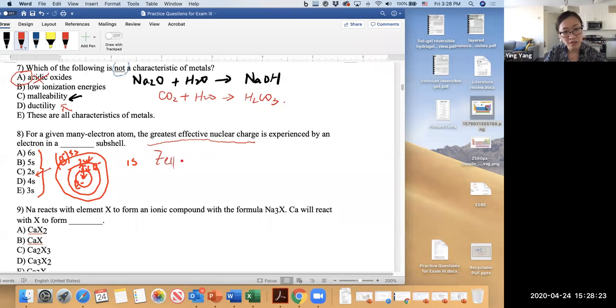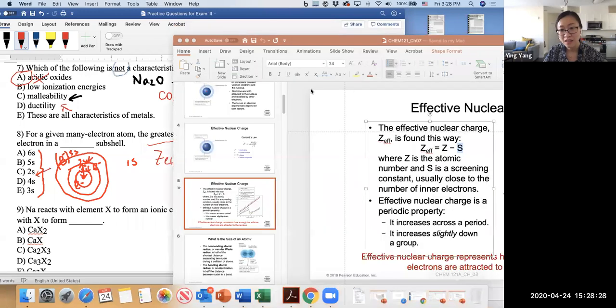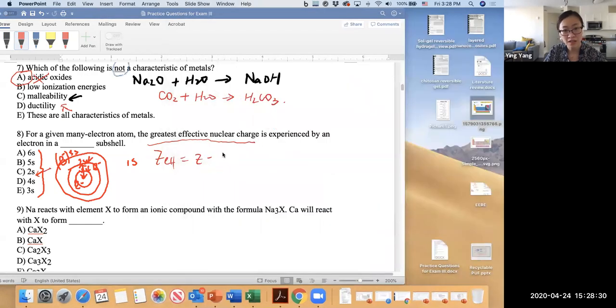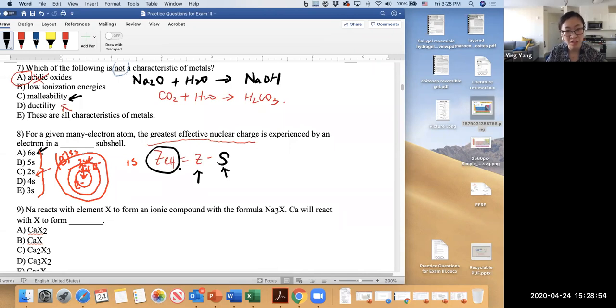The effective nuclear charge equals Z minus S, the screening constant. Because it's a given atom, Z doesn't change, but S could change. If it is in 6s, then you will have more inner shell electrons or core electrons, so S will increase and Z effective decreases.